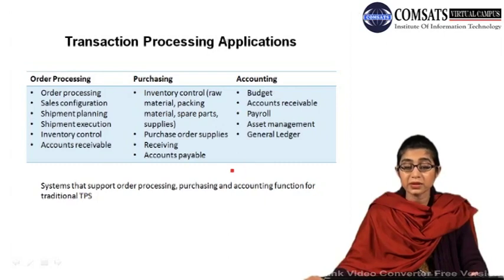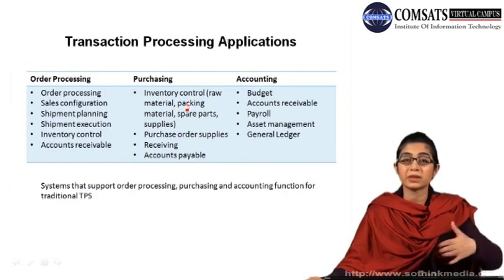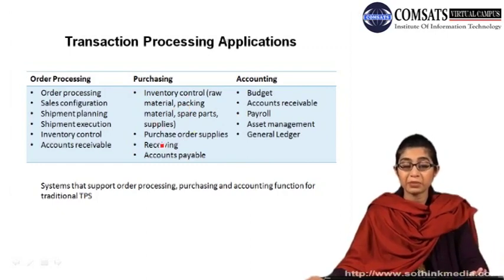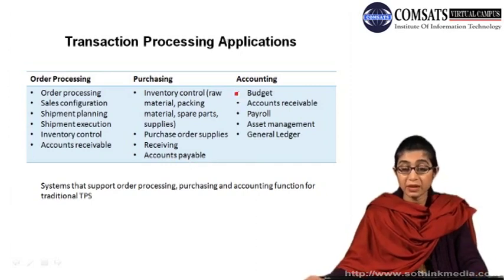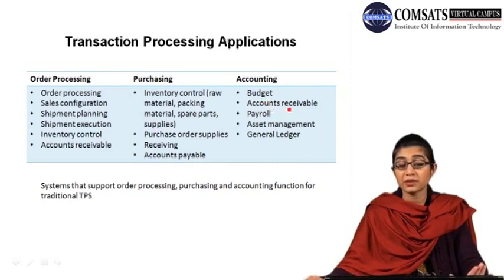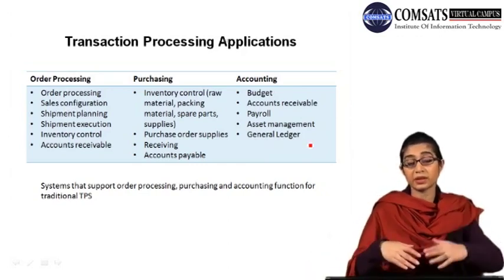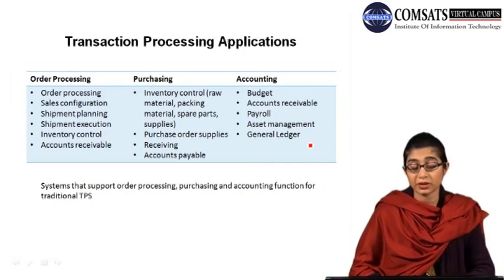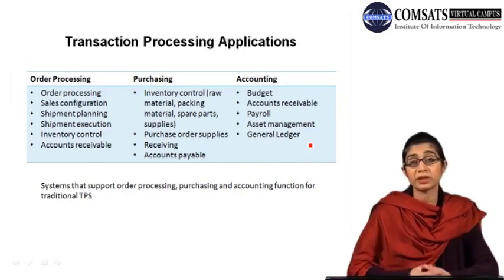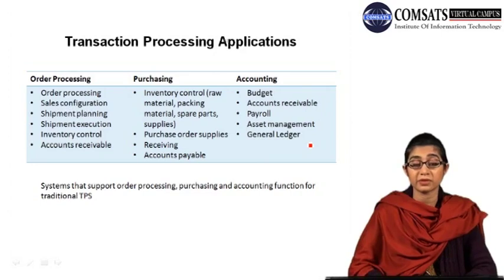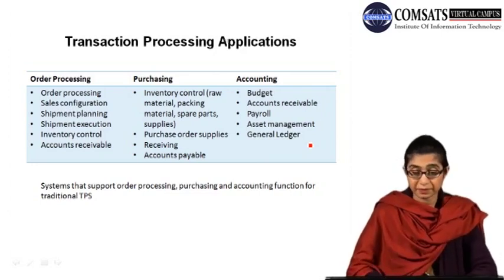Purchasing system में जो functions TPS handle कर रहा है, that is inventory control of the raw material, packing material, spare parts, supplies, etc. Purchase order supplies, receivable, accounts payable. Then accounting में it's taking care of the budget, the accounts receivable, the payrolls, the asset management, and the general ledger. So different kinds of functional areas or different kinds of functionalities में so TPS जो है that is working in providing functions for all these systems.